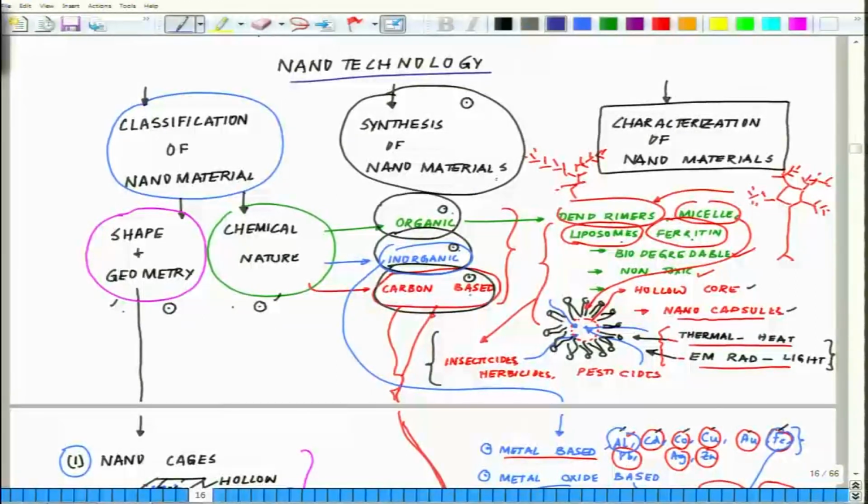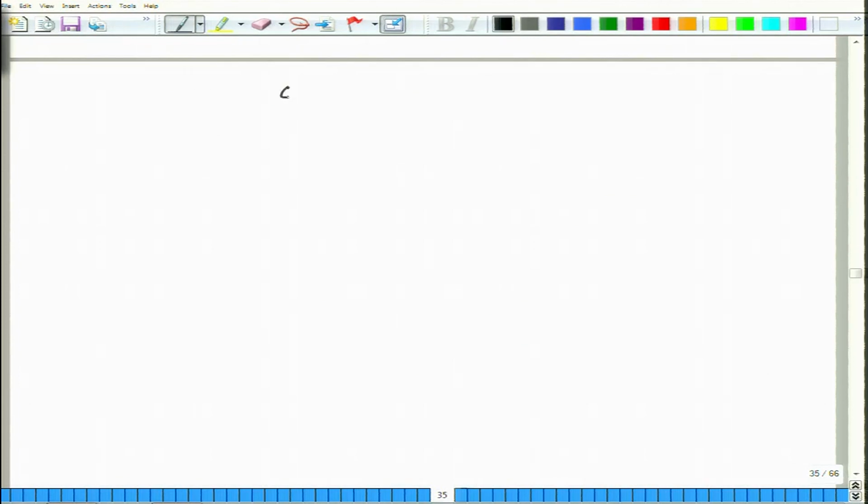Then we talked about the synthesis, where we talked about physical, chemical and biological basis, and this is the segment we are going to talk about now: characterization of nanomaterials.